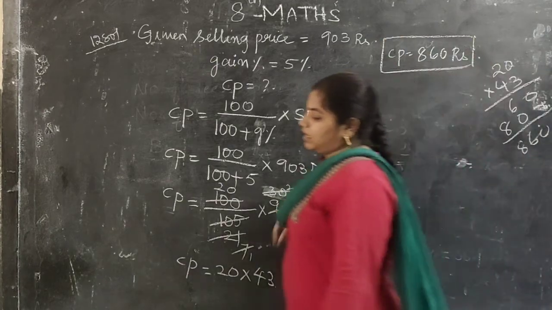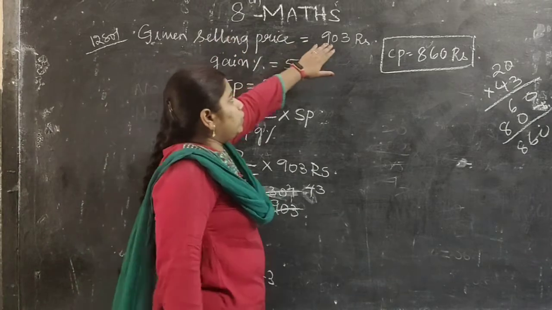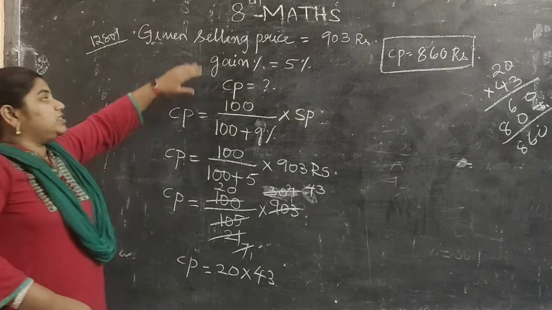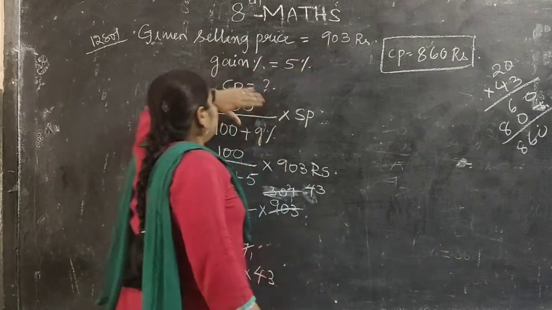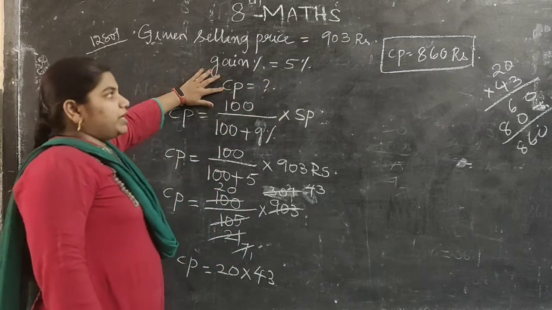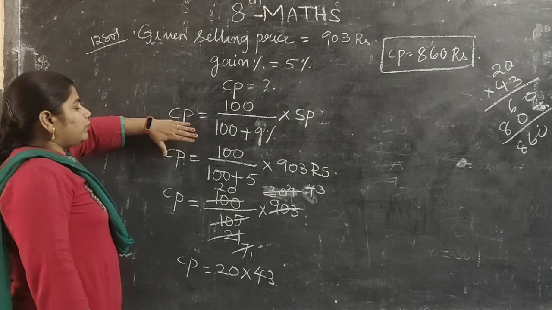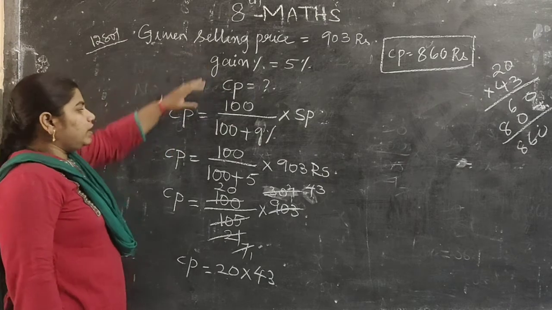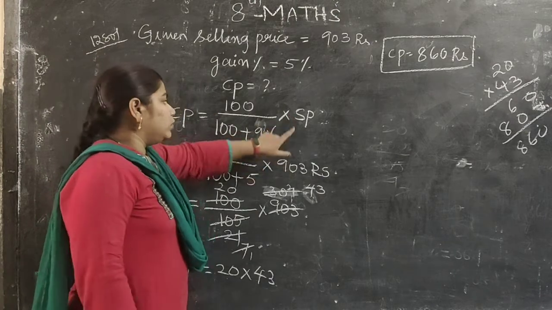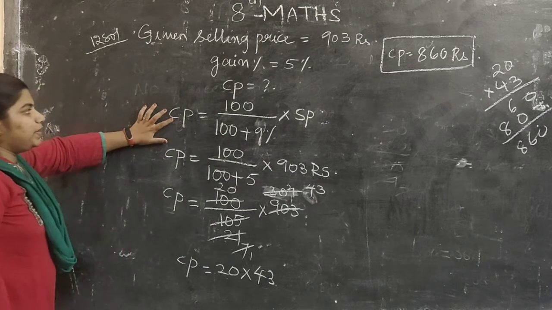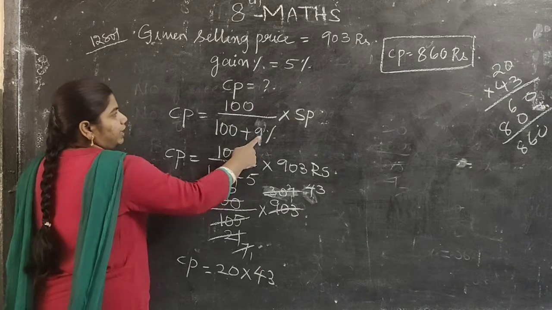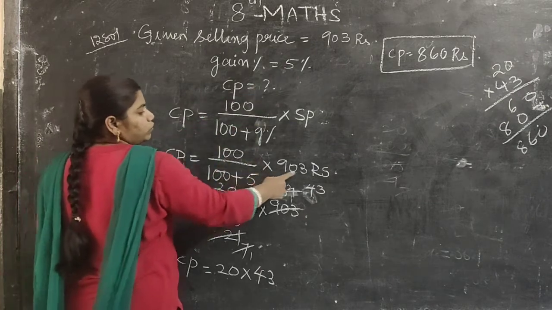If the cost price is 860, he sold it for 903. So how much gain did he get? That is 5%. So, at cost price, CP is equal to 100 by 100 plus gain percentage, which is 5, so 100 plus 5, into 903.